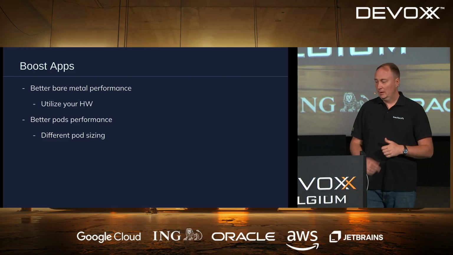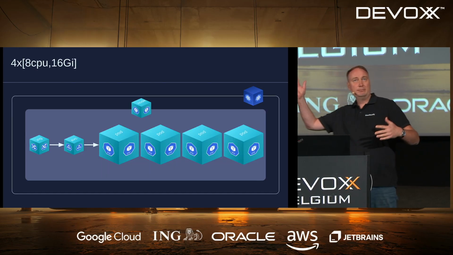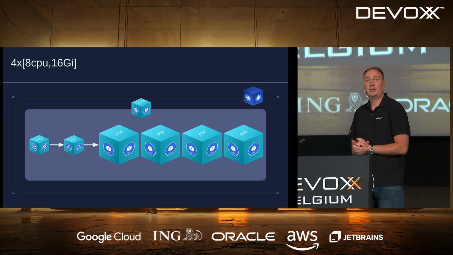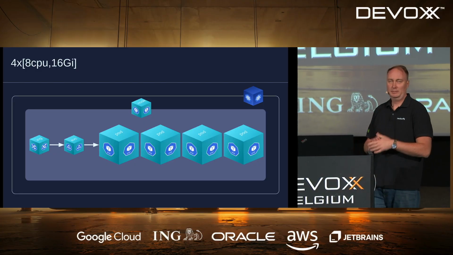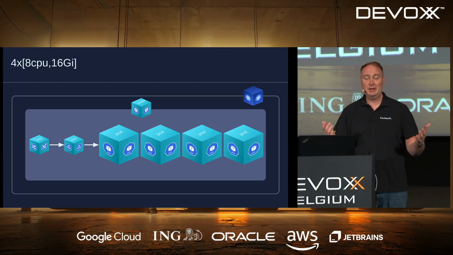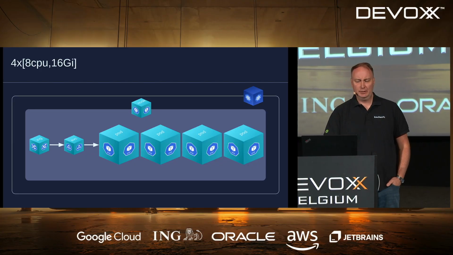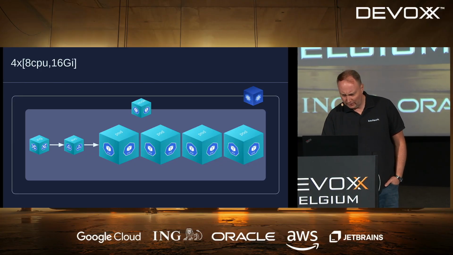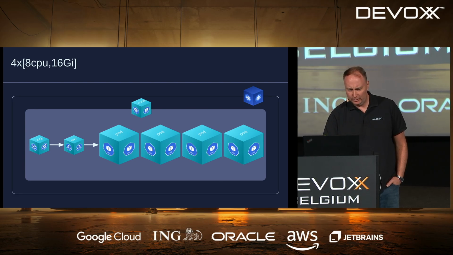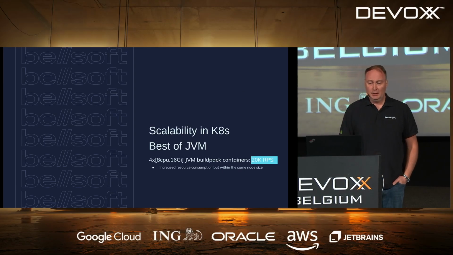And those experiments led to using such kind of pod. We can just run such application on such machine or in such container. Looks like it should be 4 CPU and 8 gigabytes, but it's approximately the same result.